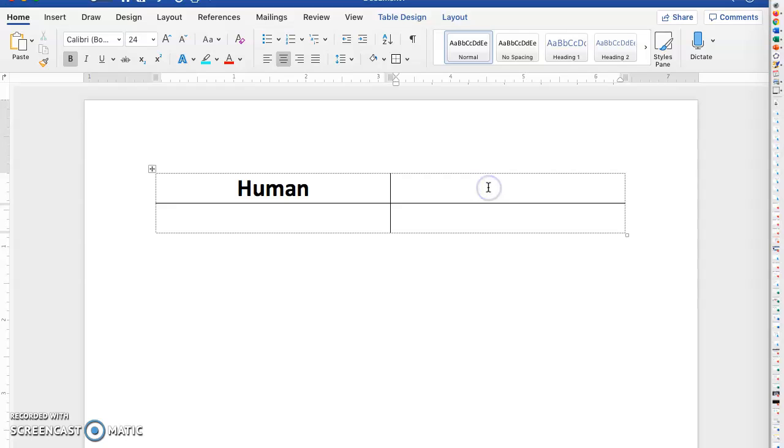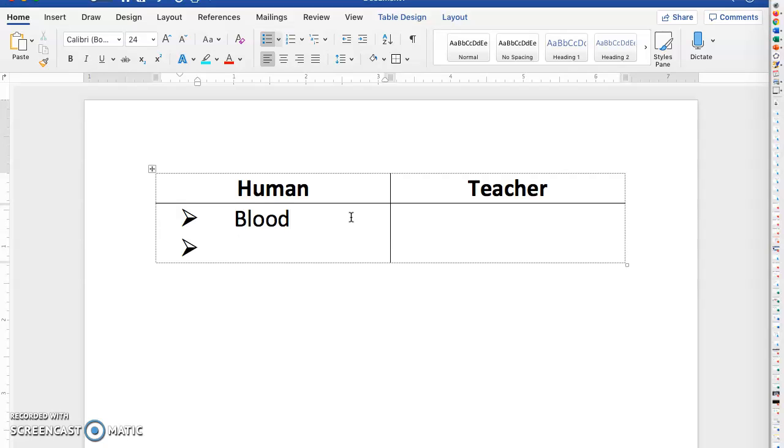One category is humans, and one category is teachers. Now, all humans have blood in them. All humans breathe oxygen. So those are properties of humans.